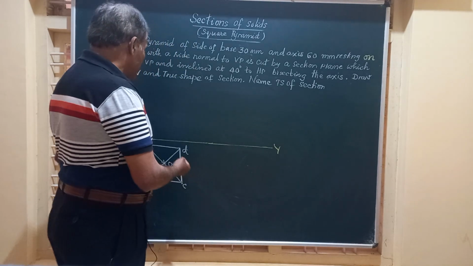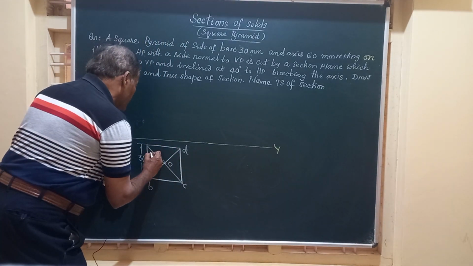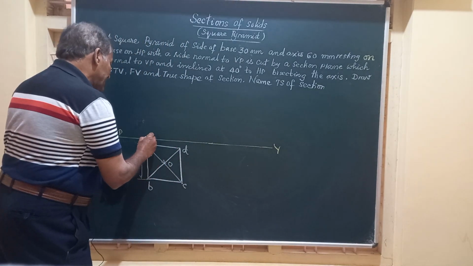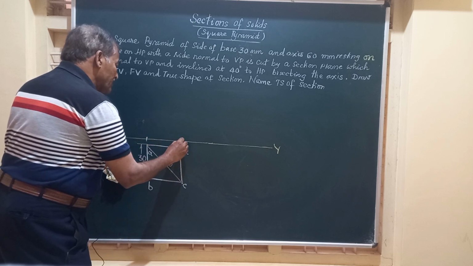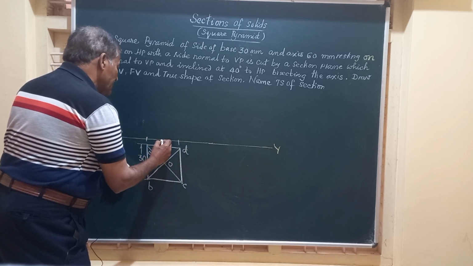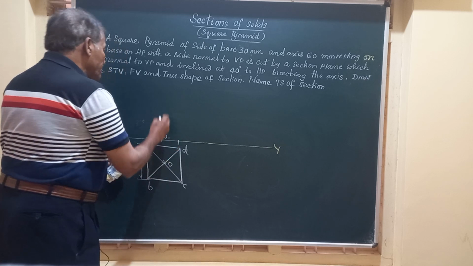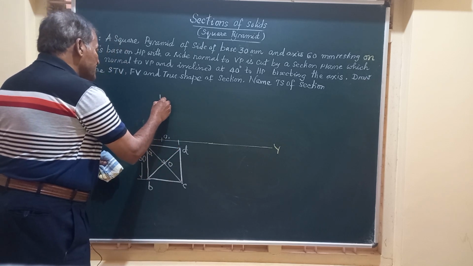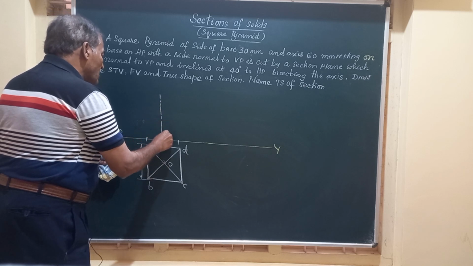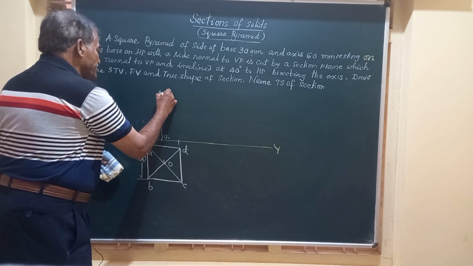Friends, corresponding to this top view, let us write down the front view of the solid. Just like in the lamina problems, project the lines from here, mark the center O1, the center of the base, and the axis, we are going to mark the height of the solid.